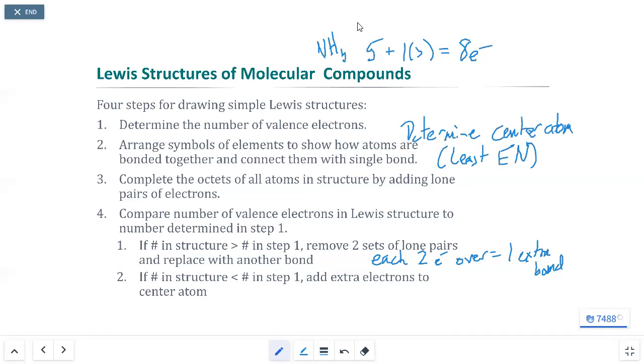For every extra pair of electrons that we are over, we need to add one more bond. So for 2 electrons over, we need to add one more bond. For 4 electrons over, we need to add 2 more bonds. For 6 electrons over, we need to add 3 more bonds. And so on and so forth.